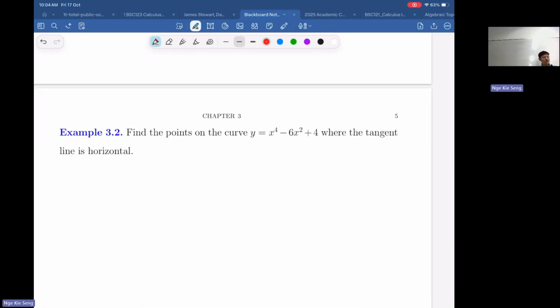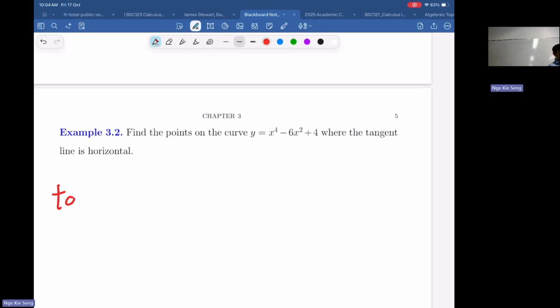For this kind of question, what do you think you should do? I think we saw this kind of question before. Now we want to find a point on the curve such that the tangent line is horizontal. So what are these points where the tangent line is horizontal? What does it mean by a horizontal tangent line?